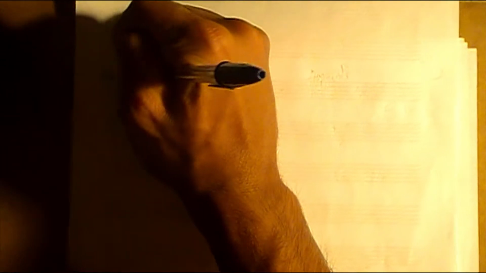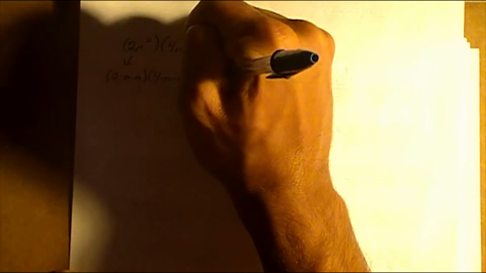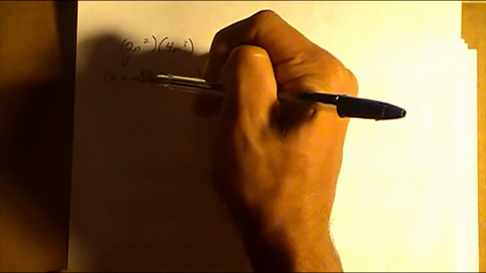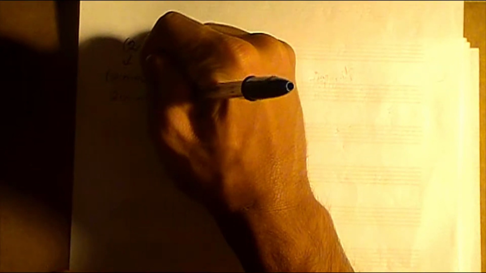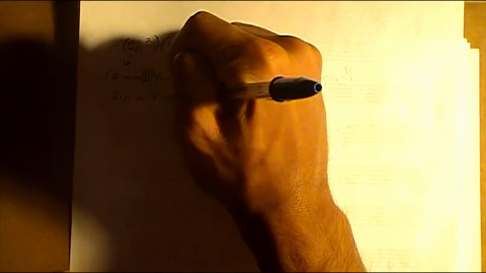So again, you could rewrite it as 2 times n times n times 4 times n times n times n. Again, viewing the parentheses as a means of multiplication, this could be rewritten as 2 times n times n times 4 times n times n times n.